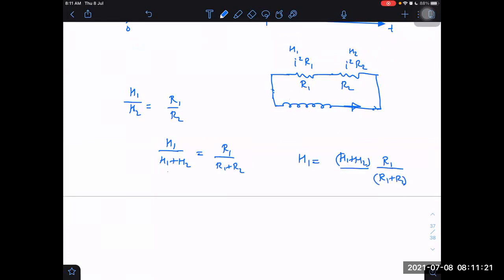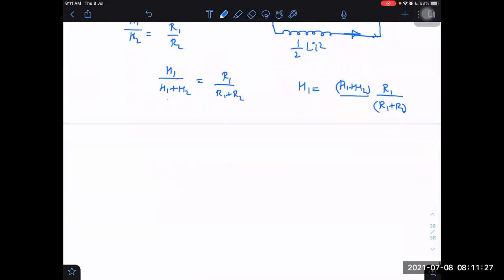And I already know what the total heat dissipated is. Whatever energy was stored in the inductor will finally become 0, right or not? So it will be half of L into I square into R1 upon R1 plus R2. What was I here?